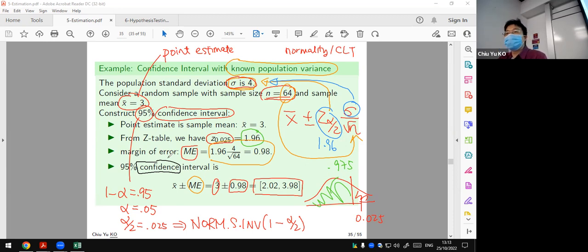But we only do it just once. So that means we only have 95% confidence that it will be there. We can't say probability. We can only say probability before we do the random sample. Before we take the random sample, there is a 95% probability that it will be included. But once we do it, we can only talk about confidence.